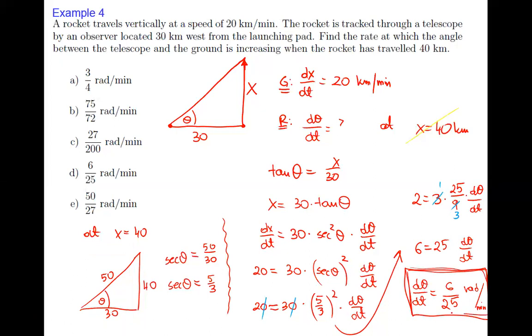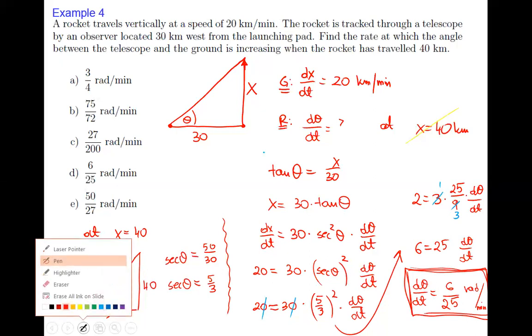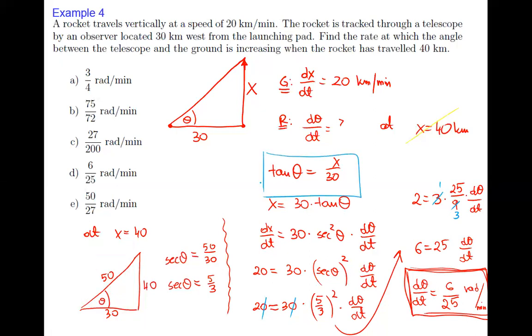Radians per minute. Okay. That's also a nice question, since we used a trigonometric identity as a relation. That means a little bit of knowledge of the values of the unit circle, or the right triangle, is always important. Oh, I can actually box the final answer.